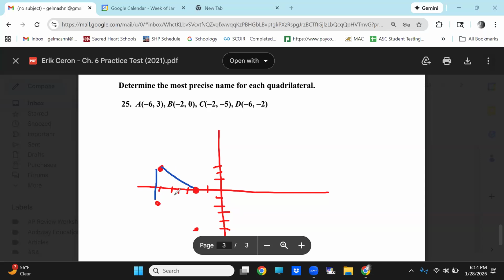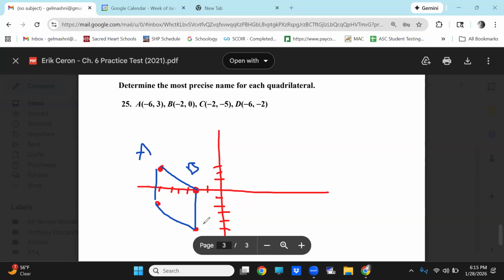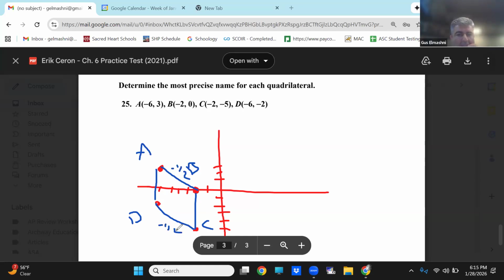Is it a kite? No, because you have parallel sides. So then what is it? Well, the slope is negative 1/2, and it's also negative 1/2. Actually, sorry, negative 3/4. My bad.